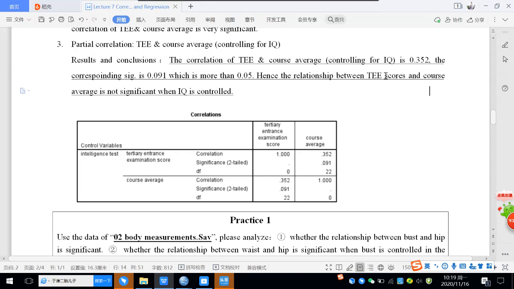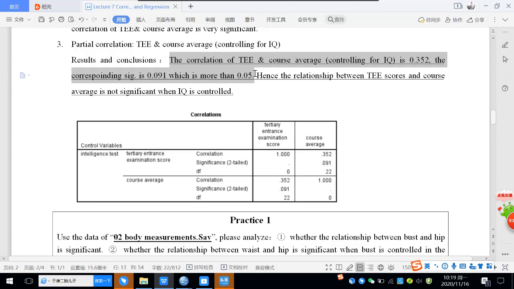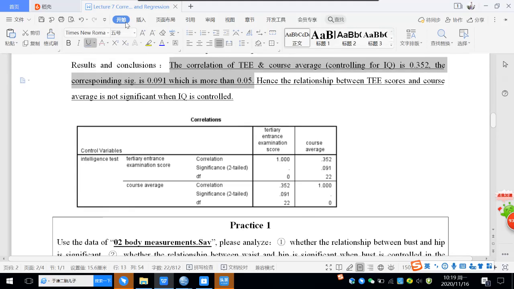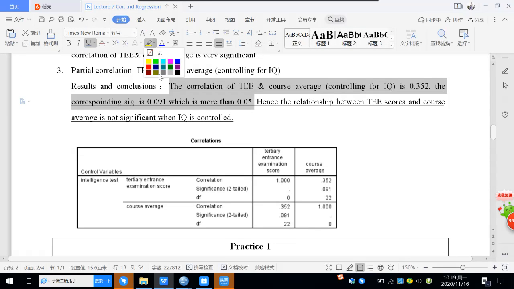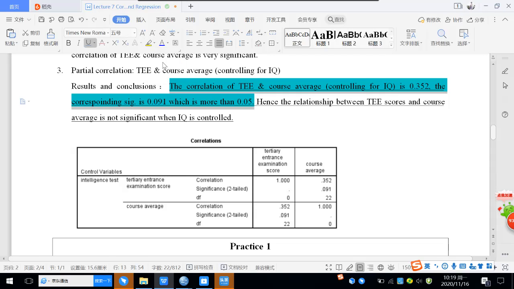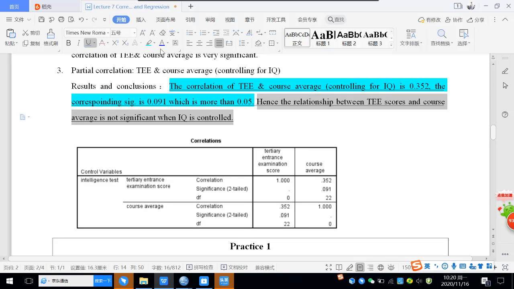Okay, so here's the result. Here is the analysis. And here's the conclusion. Okay, got it.